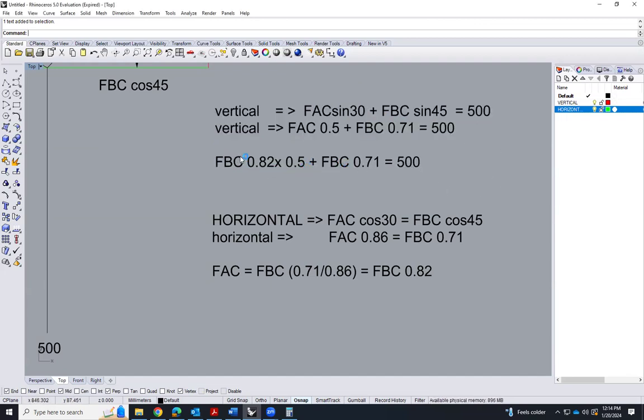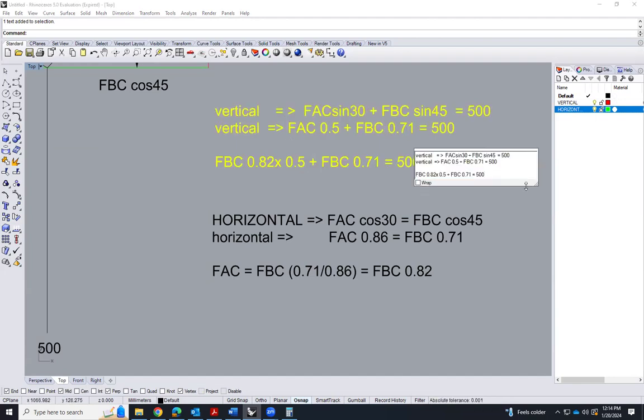Okay. So now I have only one unknown, FBC. So this is basic algebra. If I have FBC times something plus FBC times something else, I can say that this is FBC times parentheses, the first 0.82 times 0.5 plus 0.71. And that equals 500.